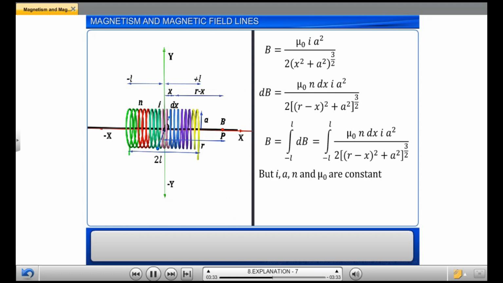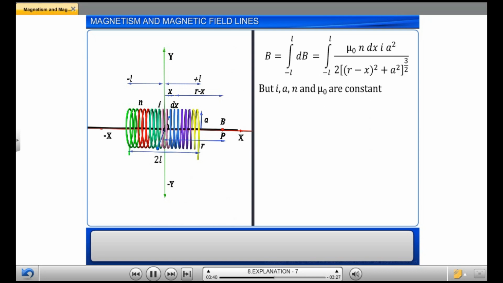But I, n and mu naught are constant. Hence, the magnetic induction B is equal to mu naught n I a square by 2 into the integral from minus L to L of dx by ((r minus x) square plus a square) whole power 3 by 2.